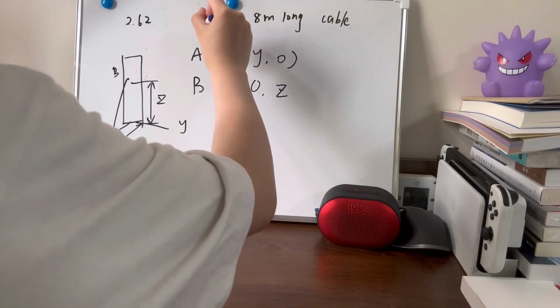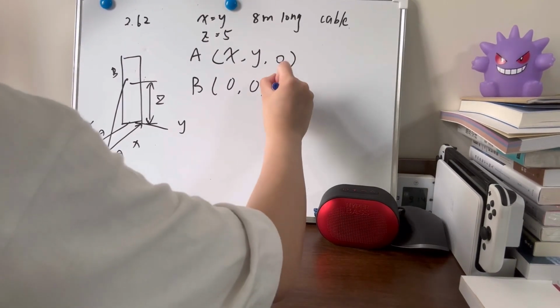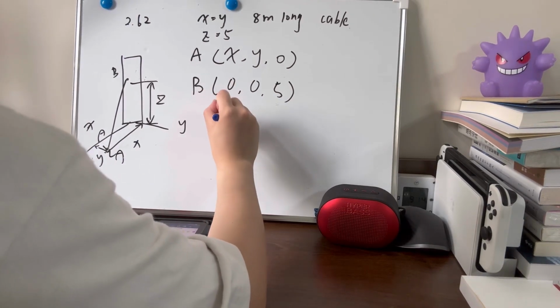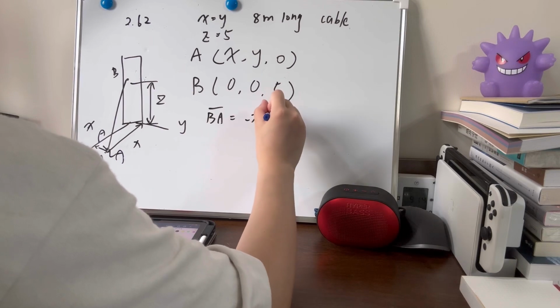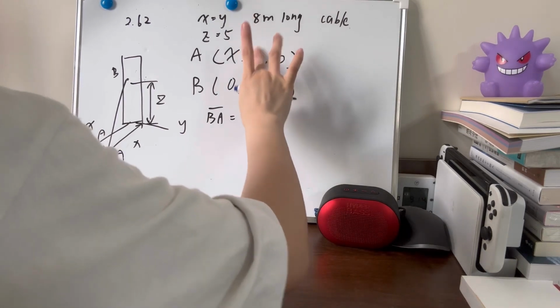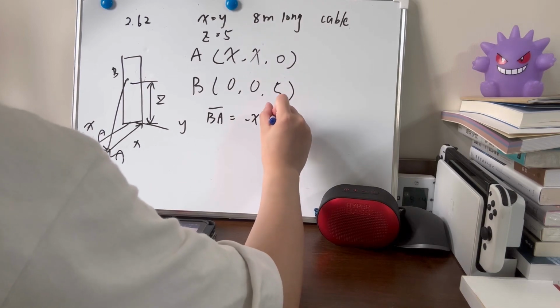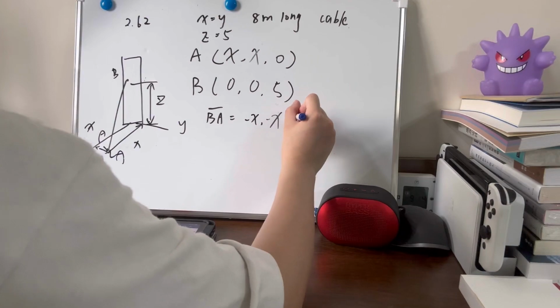Oh, and the z tells us equal 5, so here is 5. And now we know the BA is x, y, and minus 5.